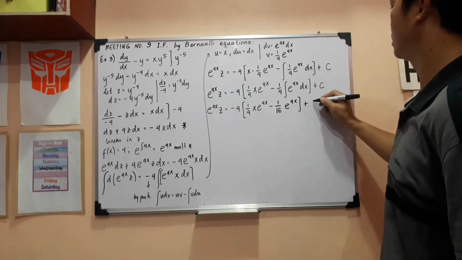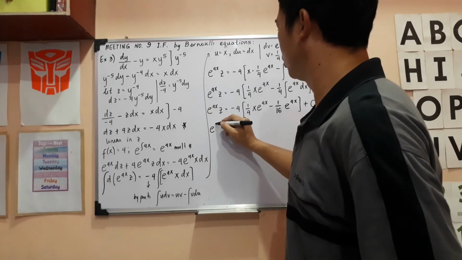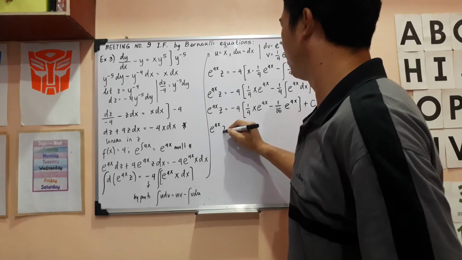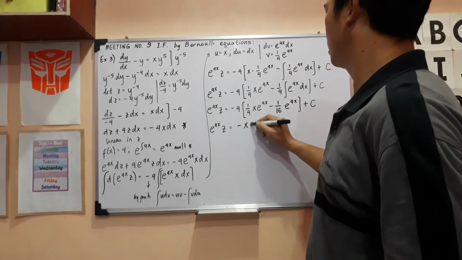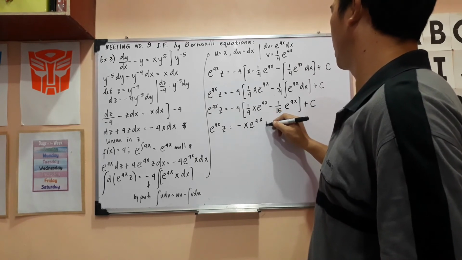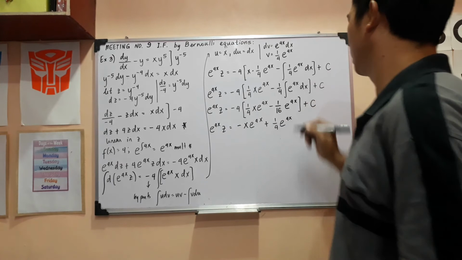And then plus c. So simplify natin, i-distribute yung 4 na yan, is equal to negative x e raised to 4x plus 1/4 e raised to 4x, plus c.